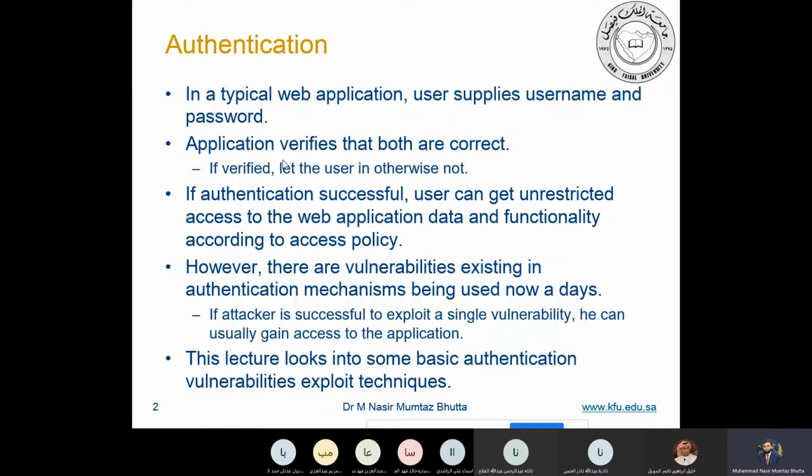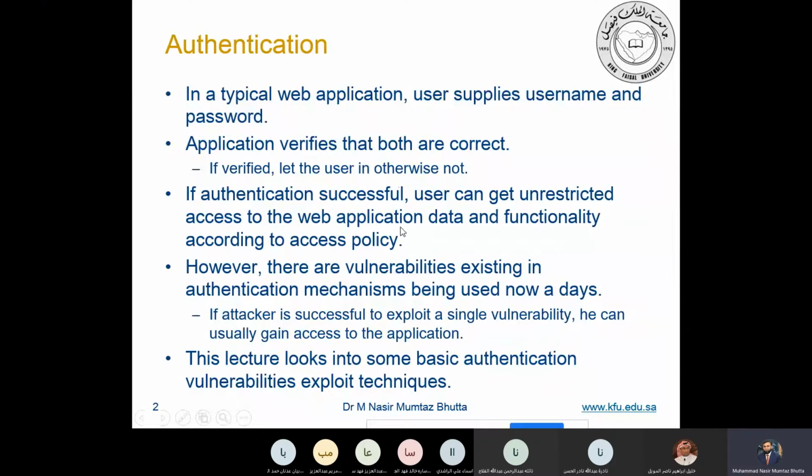They verify the username is correct and the password is correct, and then they allow you to log in. They say successful login, and then you are authorized to do the functionality according to your access policy. According to the website access policy, depending upon the user type, they give the privilege to the user after successful login.